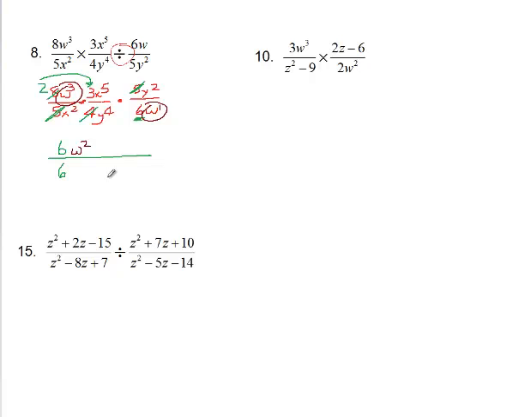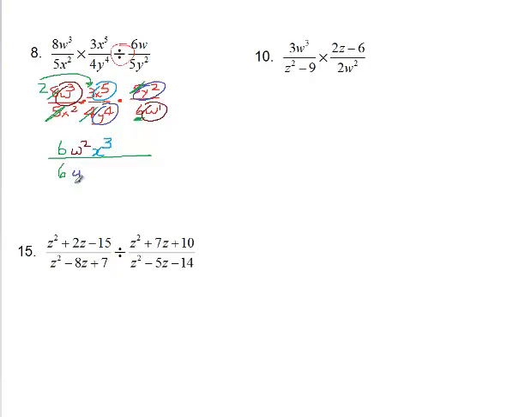Looking at your x's next, I see only one x on top, x to the 5, and an x squared on bottom. So subtracting, it would leave me with x cubed on top, right? 5 minus 2. And the last variable left there is, of course, y squared on top with y to the power of 4 on bottom.